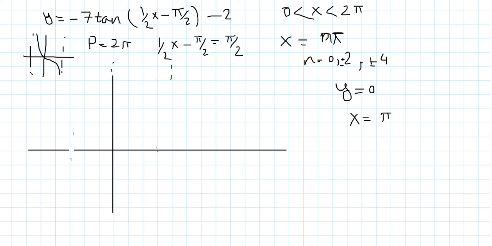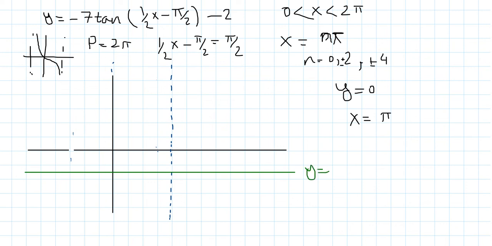Suppose that here is 2 pi. I have the new x-axis shifted. Suppose that here is minus 2, y equals minus 2, and I know it has an intersection with the x-axis at pi. The graph is like this. It is the graph between 0 and 2 pi.